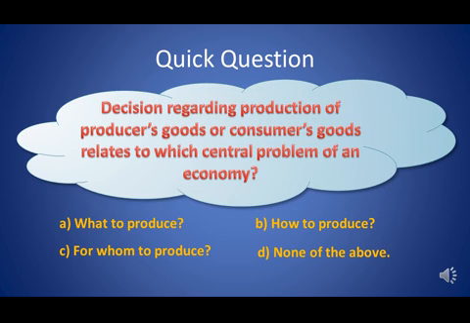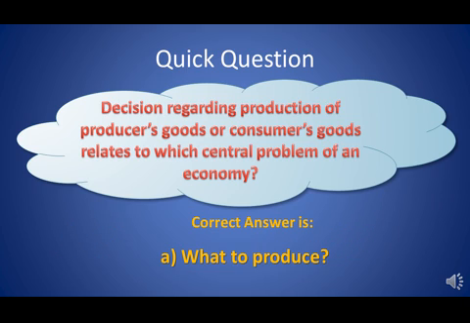The options are: A, what to produce; B, how to produce; C, for whom to produce; and D, none of the above. Think and give the answer. The correct answer is A, what to produce, because this decision relates to allocation of resources.